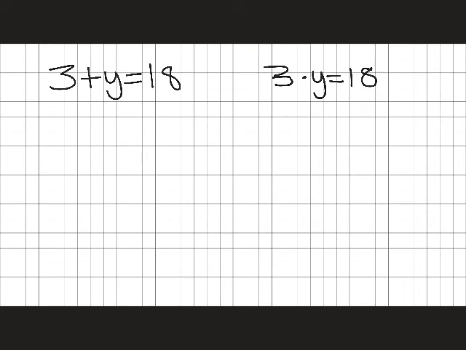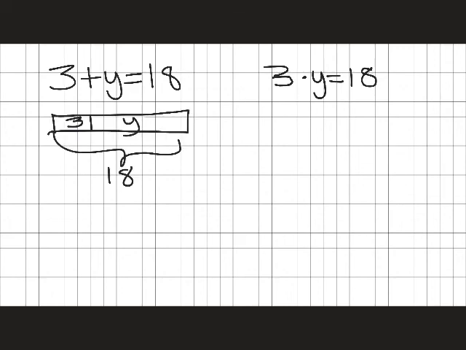All right, and let's do one more example before we get to that practice problem. So I want you to draw an equation tape diagram for each of these, please. Do it now. So the first one, 3 plus y equals 18. That should have one section of 3 and another section of y for a total of 18.